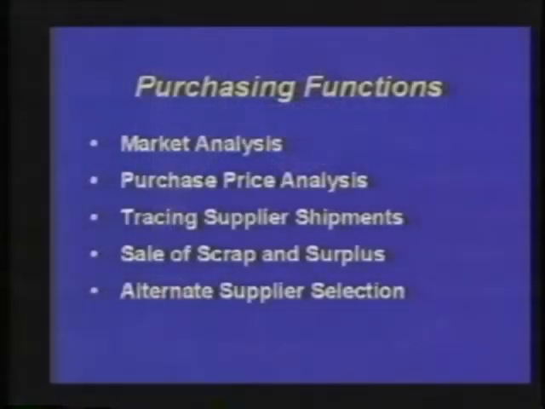Alternate supplier selection indicates you have a primary supplier and you have an alternate, and here you may want to continue to provide the alternate supplier with some purchases so that you can continually review the integrity of the supplier's quality, his or her delivery performance, and likewise the accuracy of the counts against their shipments.